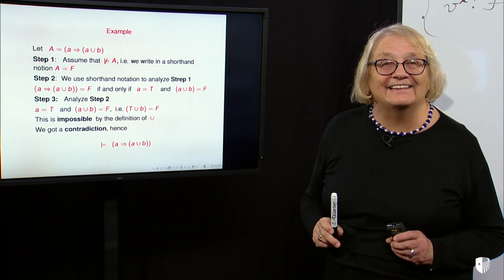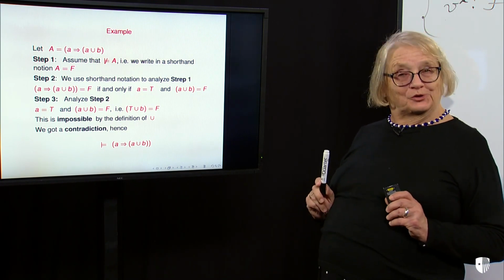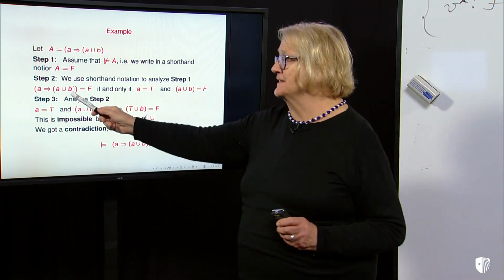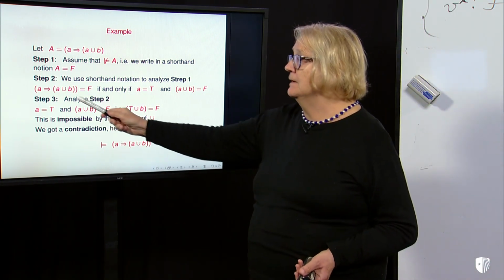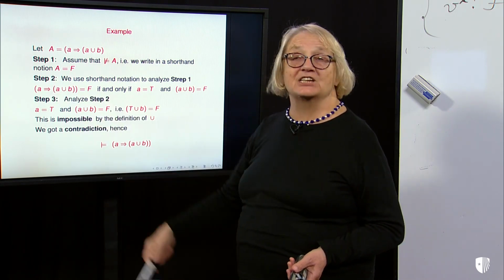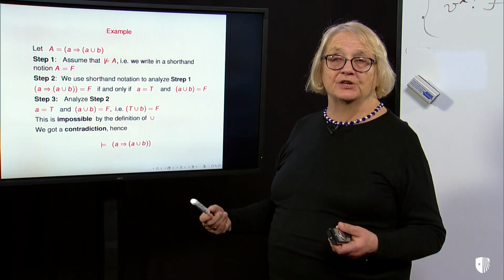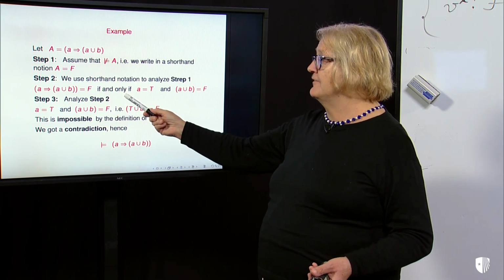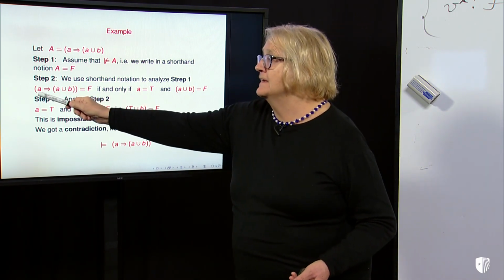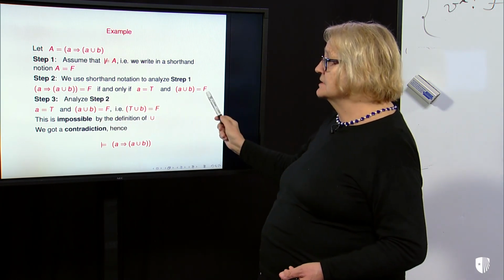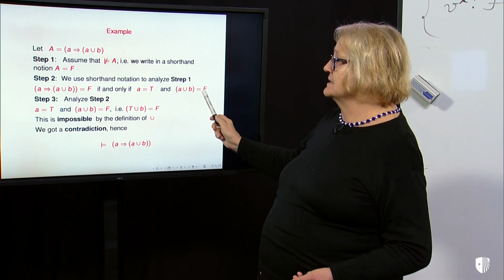And I let you use shorthand notation. So this is F. What does it mean? The main connective is implication. Implication is false if and only if this is true and this is false. Now you analyze this step.